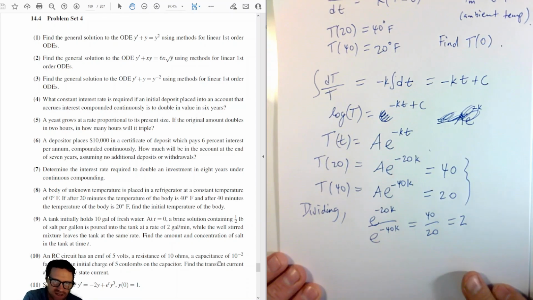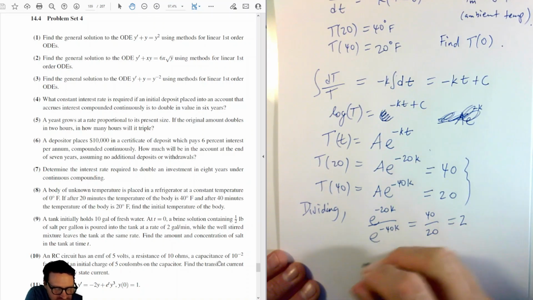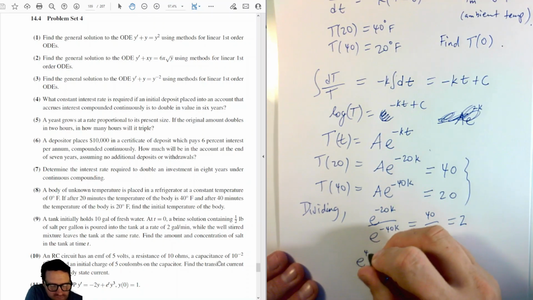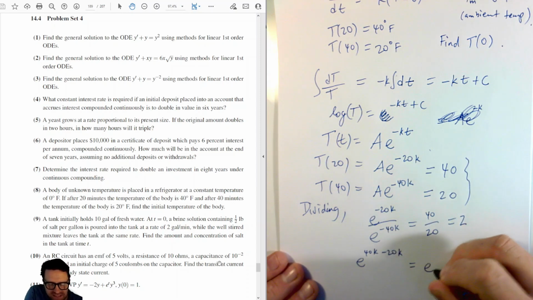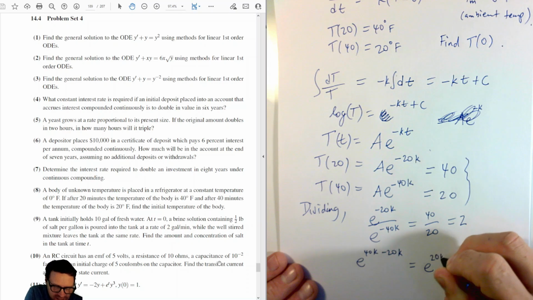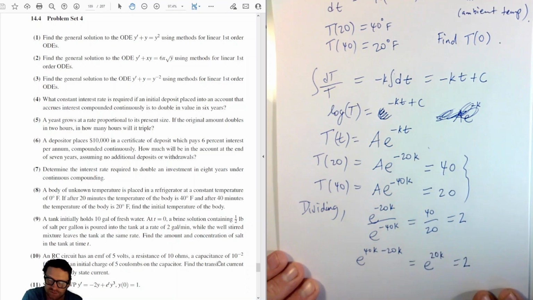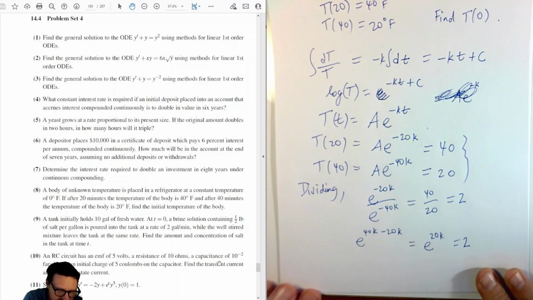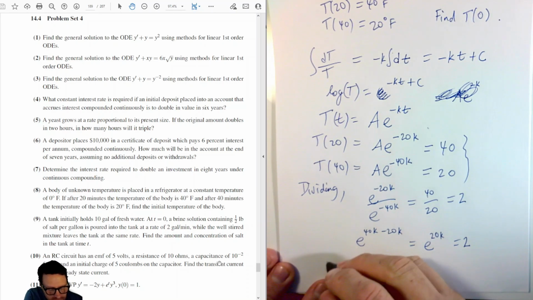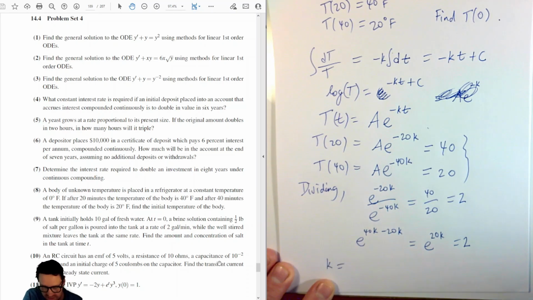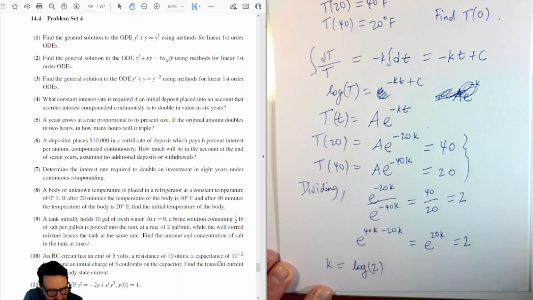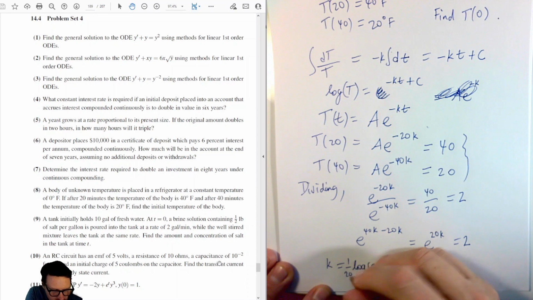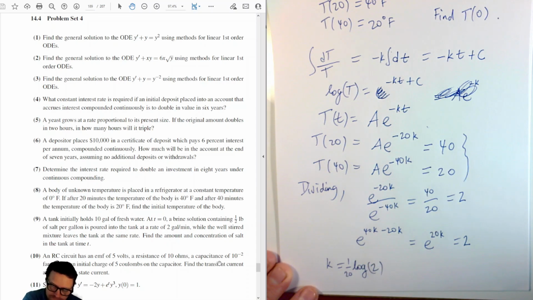Okay, now simplifying the left-hand side, we have e to the power of 40k minus 20k, which is e to the power of 20k, is equal to 2. So this gives us a way to solve for k. So k is equal to the natural log of 2 divided by 20. So we'll write that as 1 over 20 natural log of 2. So this is our k value.